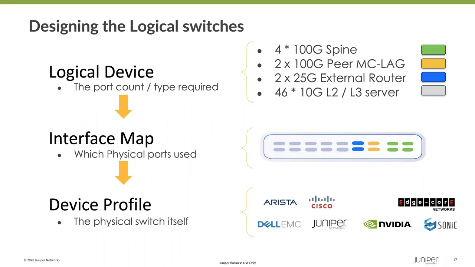And then I will map that into an interface map, which you will see more of in the demo. And once you have done this, which is, once again, all just virtual, you have the interface map: what kind of physical device maps into this? And for the same interface map, you can choose between Juniper, Cisco, Arista, whatever, depending on what you have in your network.